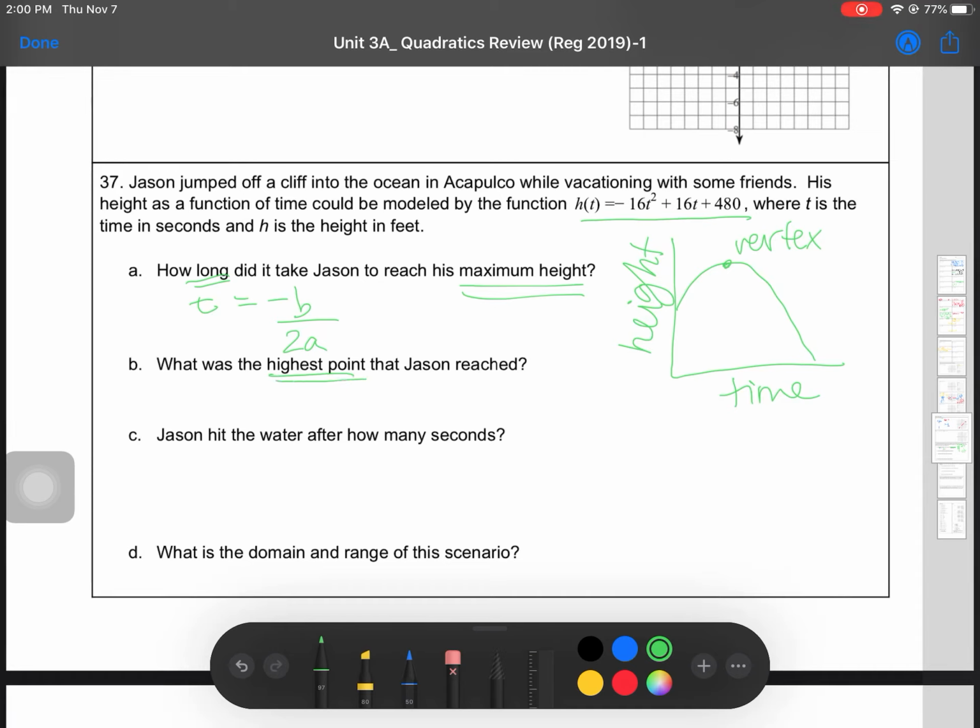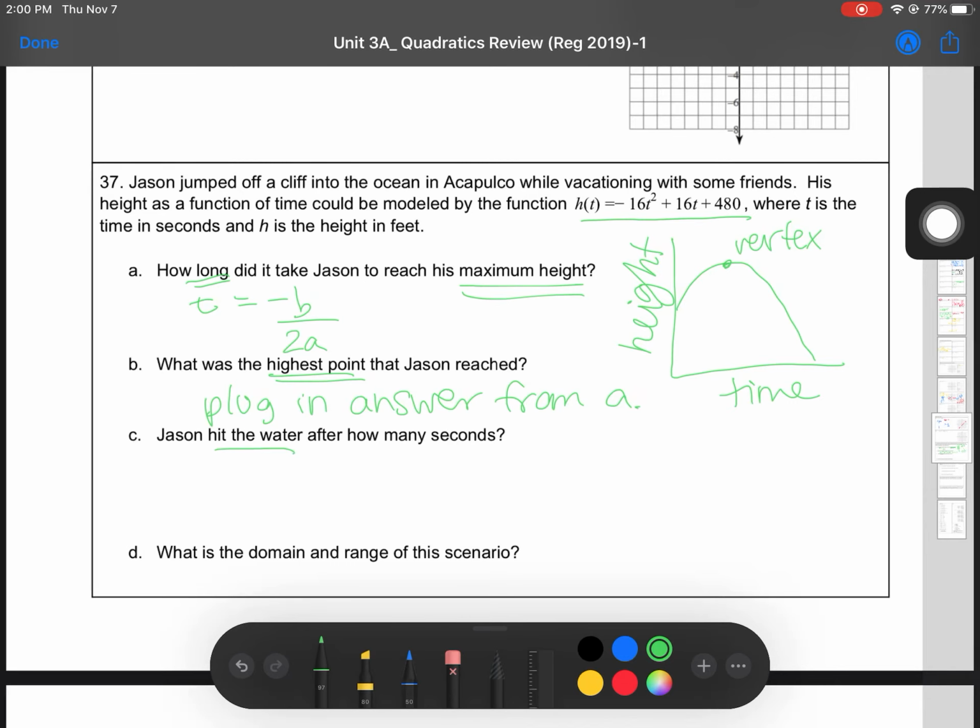When they want to know that actual highest point, you're going to plug in the answer from A, because in A you figured out the time to this point, but to figure out the actual height, you just plug it into the equation. So you'll plug that in to your t value in your equation.